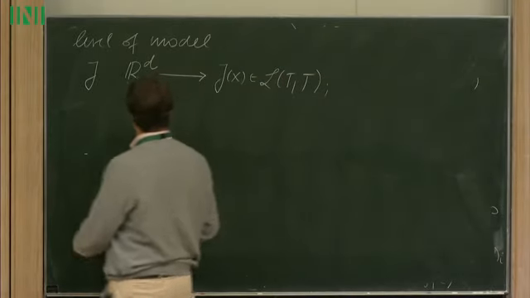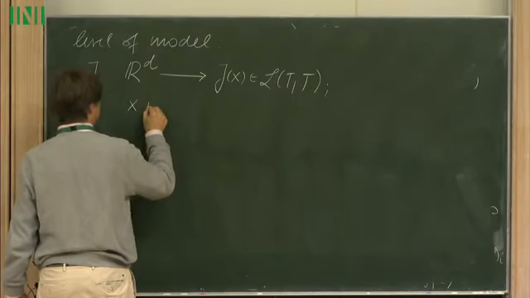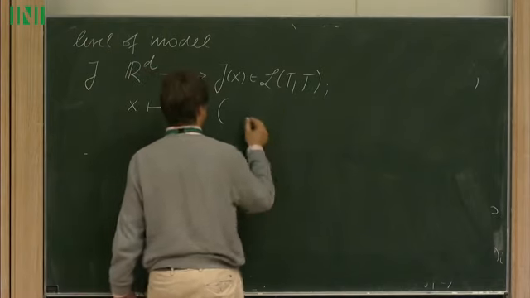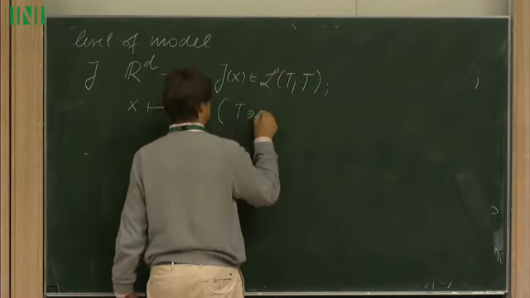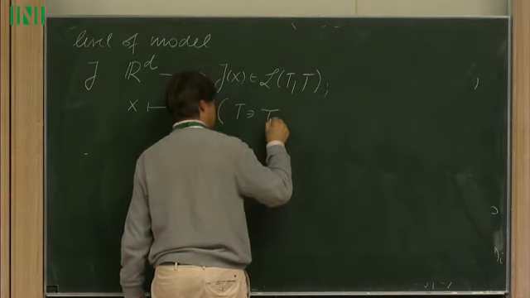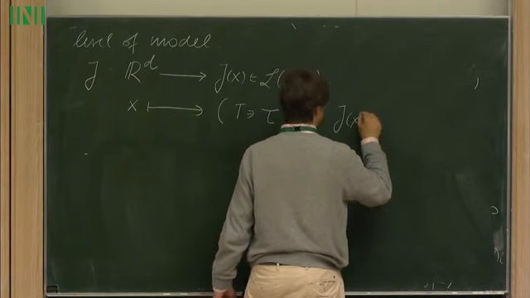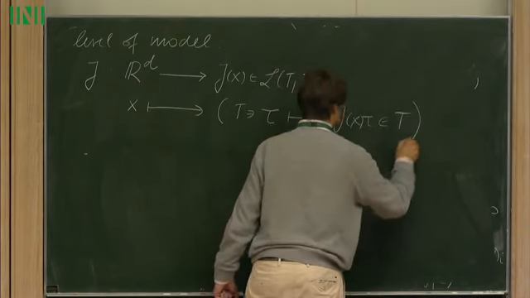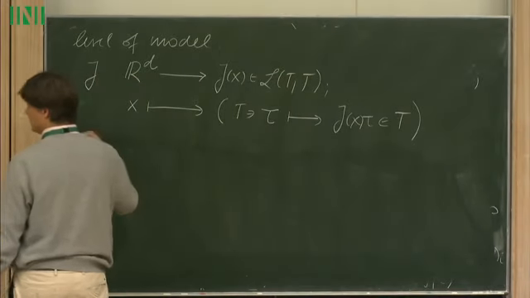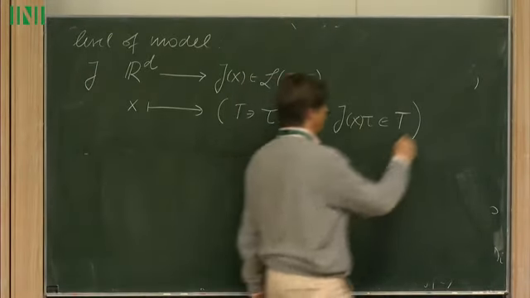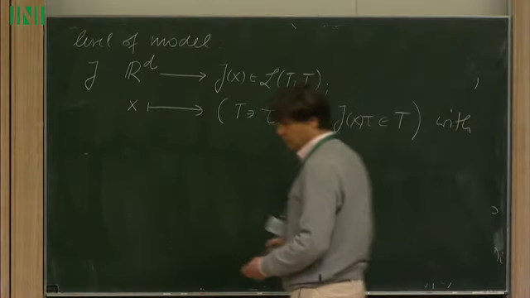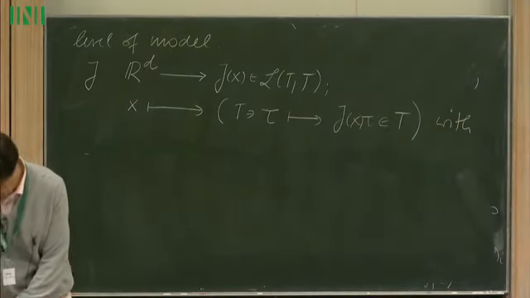So if you want, to every base point it attaches a linear transformation Jx, tau in T, with the following two properties.